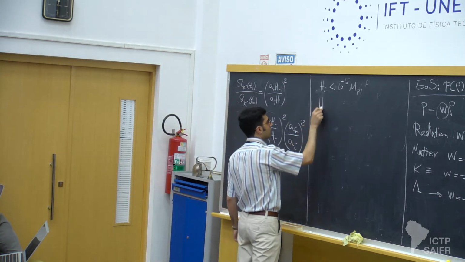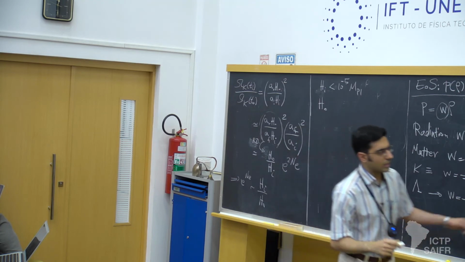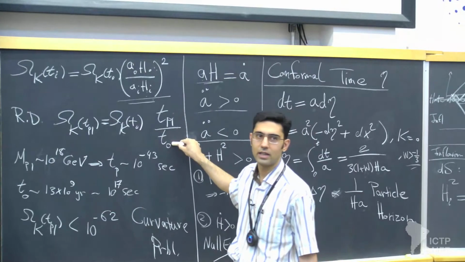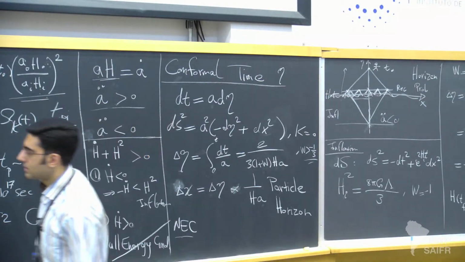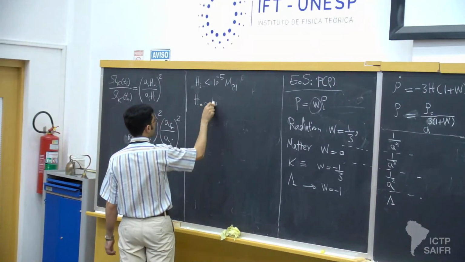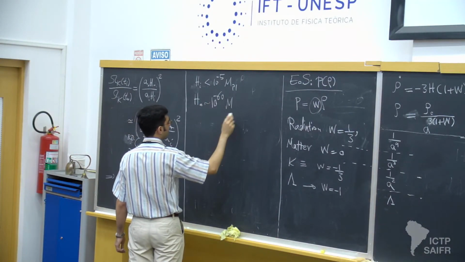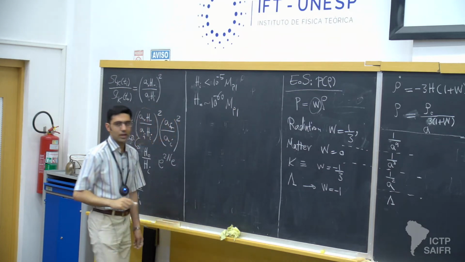And H naught, that we already determined here, right? This ratio, H naught compared to M Planck, is basically the ratio T Planck over T naught, which was 10 to the minus 60. So this H naught is approximately 10 to the minus 60 times M Planck.